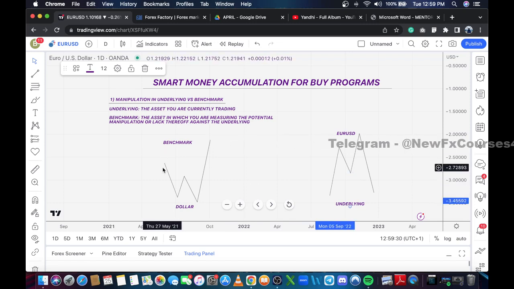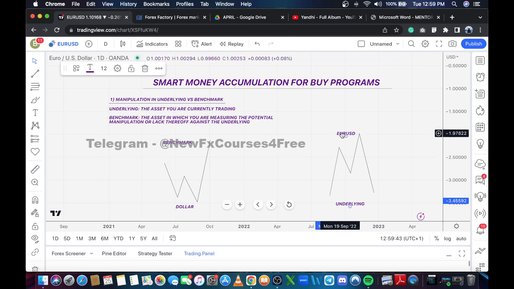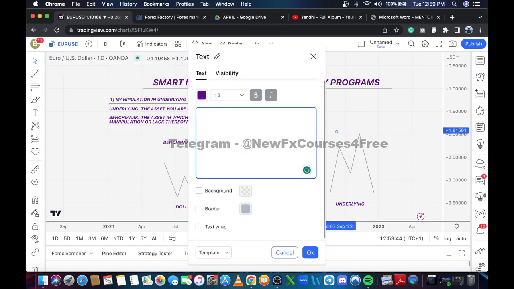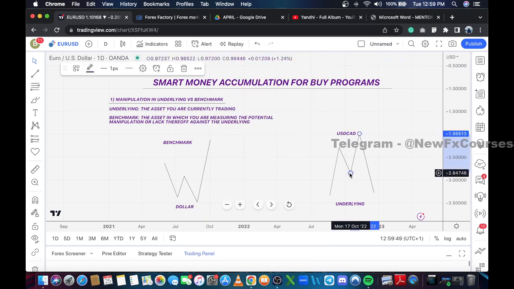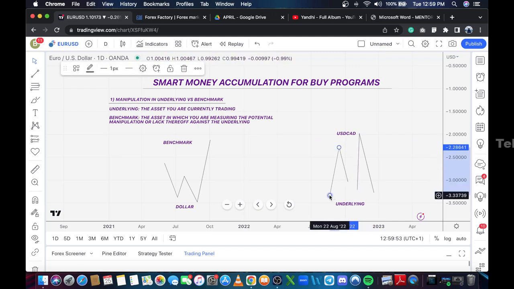So if we see the benchmark, because you're oppositely correlated, if we see the benchmark making a lower low in price, then we want to see the underlying make a higher high. Or if we're trading USD CAD in this example, then we would want to see the underlying make a higher low.